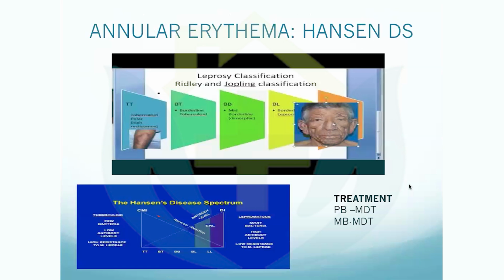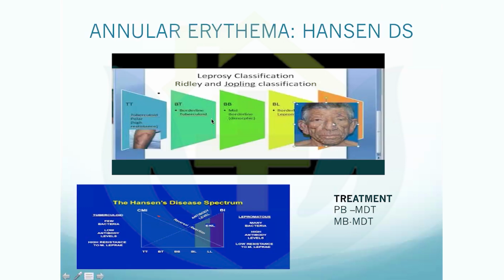So here, just for your understanding, I've got this slide. This is tuberculoid leprosy, which means the immunity is very high and the AFB count is nil. Usually you don't get to see lepra bacilli in this kind of patient. Whereas in lepromatous leprosy, the immunity is very low, and if you do a slit skin smear, which means we take some fluid after slitting the skin and look for AFB bacilli, these patients will be teeming with the bacilli.